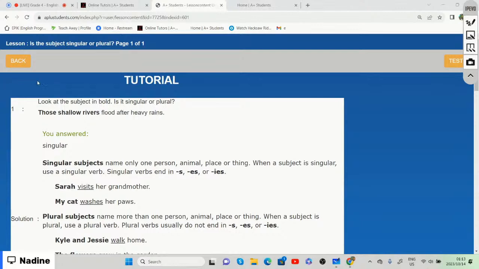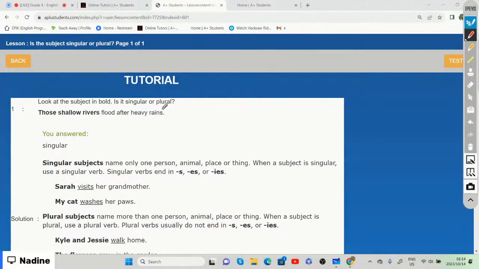All right. So now it says, those shallow rivers flood after heavy rains. If we look at this word, those shallow rivers, is that singular or is that plural?